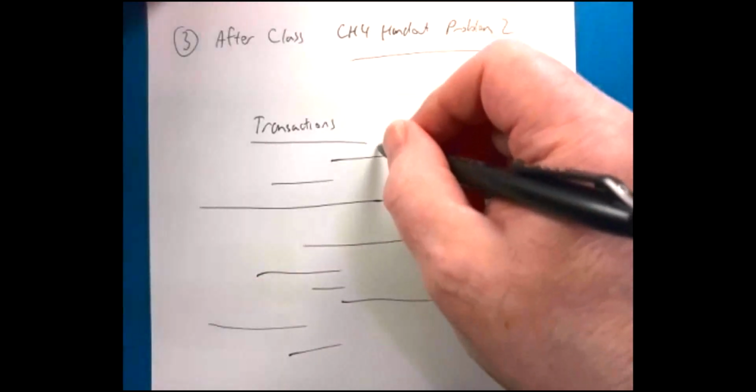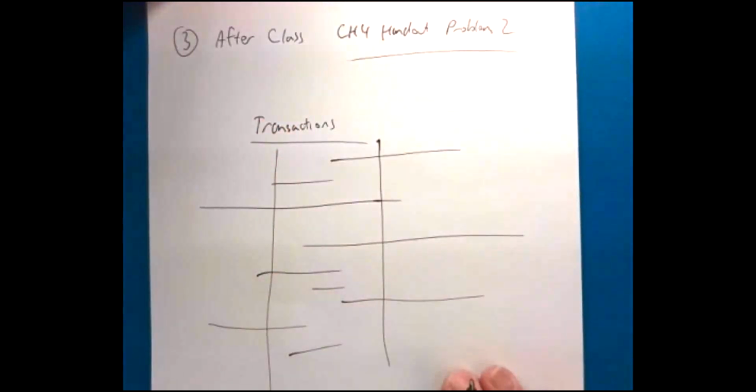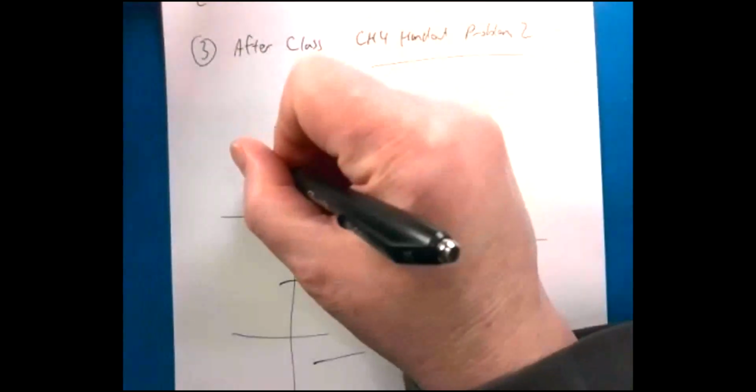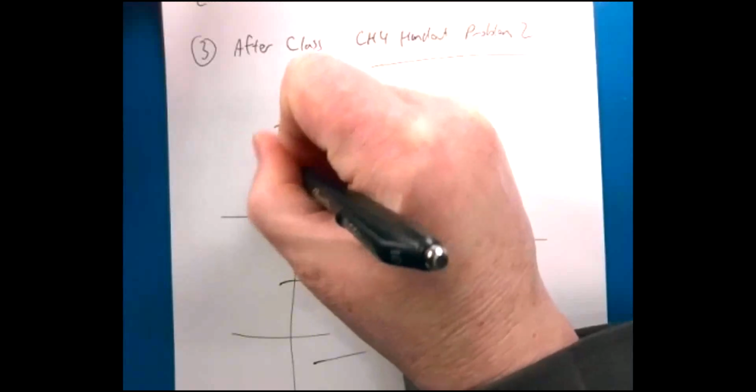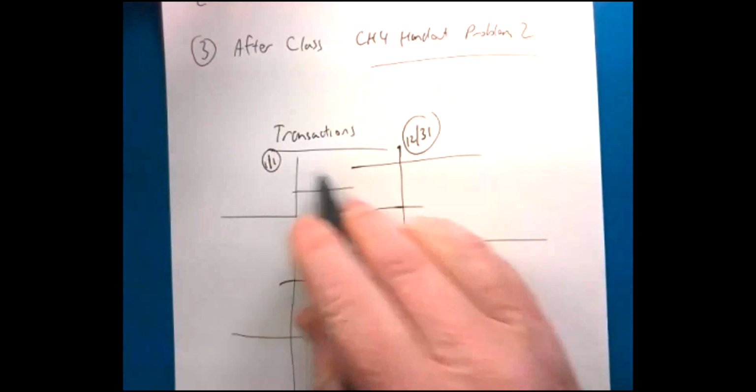And then you have these artificial time periods, you know, beginning and ending of the year. So maybe this is beginning of the year and ending of the year.